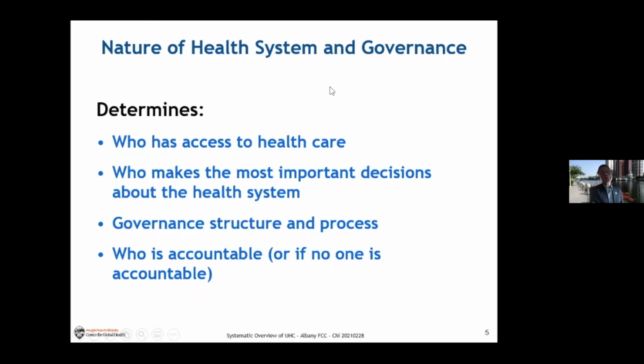The nature of a health system and its governance will determine who will have access to healthcare in the society, who makes the most important decisions, the governance structure and process, and who is accountable. At present, in the US, because we don't have a uniform national health system, no one is accountable for our healthcare system.